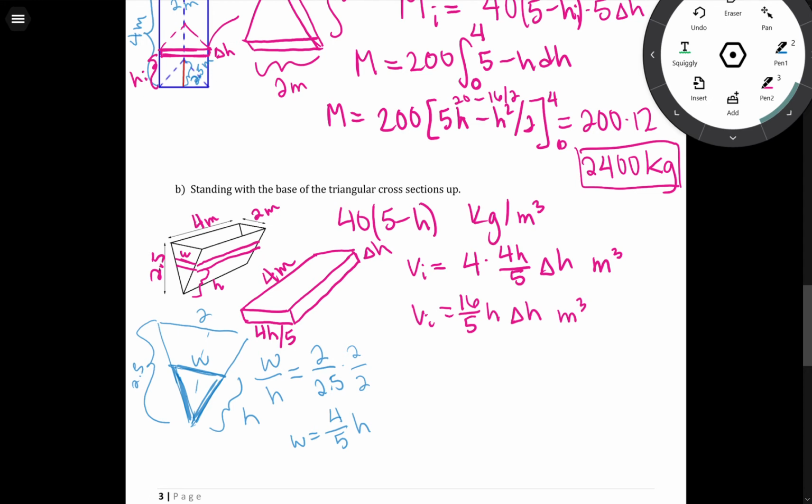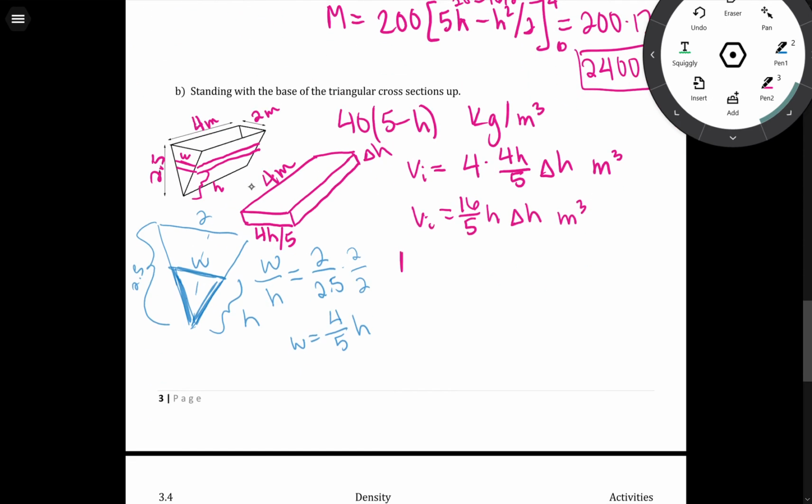If we want to turn that into a mass, we're going to have to multiply by our density function. So we're going to have 40 times (5 minus h sub i), times 16/5 h sub i delta h. So now we have our cubic meters multiplied by our kilograms per cubic meter, which means we're getting kilograms.